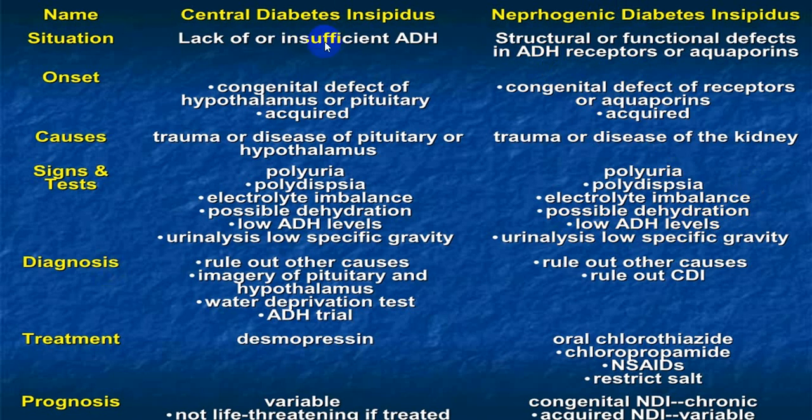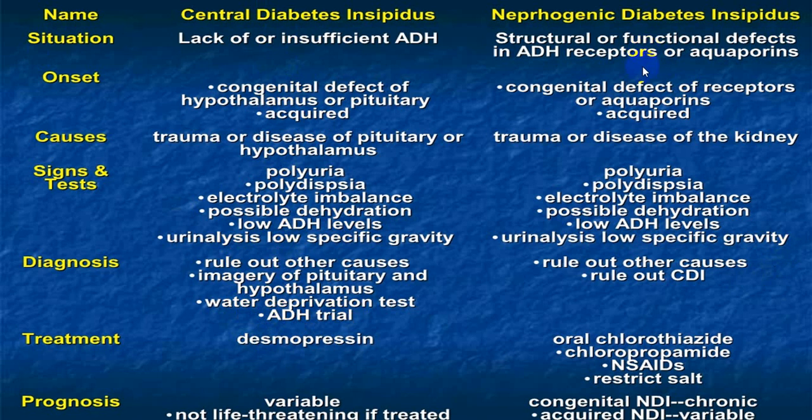For diagnosis, rule out the other causes, and do a radiological study of the pituitary and hypothalamus. You can do a water deprivation test or what we call an ADH trial. You can give a vasopressin trial in case of central diabetes insipidus.